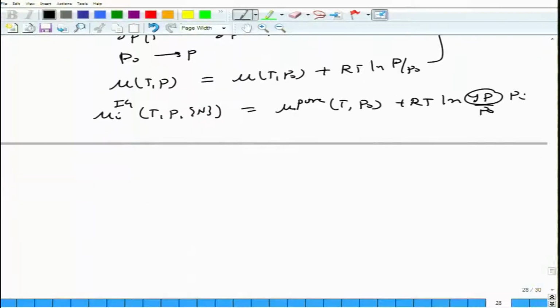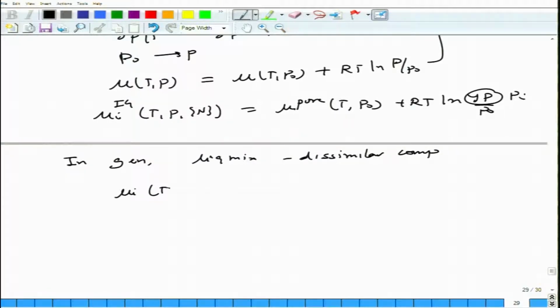So, in general, especially for a liquid mixture having dissimilar components, mu i at T, P, x is not equal to mu i pure at T, P plus RT ln, well, instead of yi, since we are talking about liquid, we can simply say xi. Now, this leads to the definition of activity.